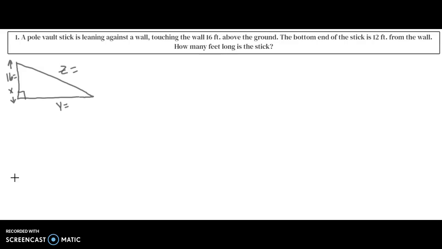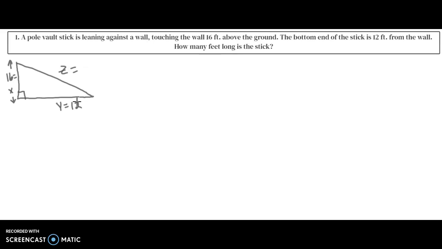The next sentence says the bottom end of the stick is 12 feet from the wall. So if X represents the wall, and the bottom end of the stick would be approximately here, this would be 12 feet.